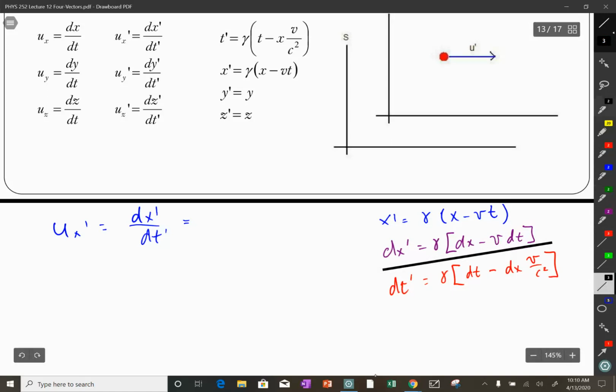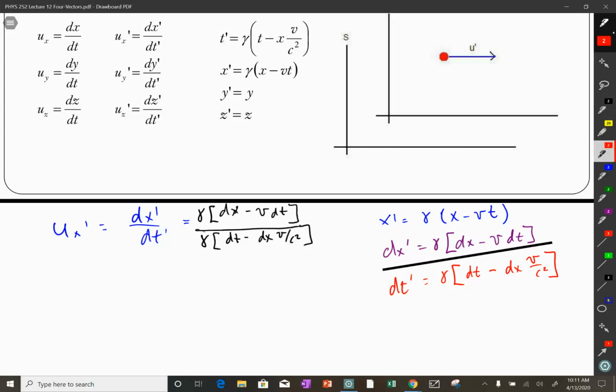And so that's equal to gamma times dx minus v dt over gamma times dt minus dx v over c squared. So far, so good. But we have d's in here. How are we going to do this? Well, here's a little trick. Well, let's start with something that's not a little trick. These gammas cancel very clearly. So here's the little trick. I'm just going to take each one of these and put it over dt.